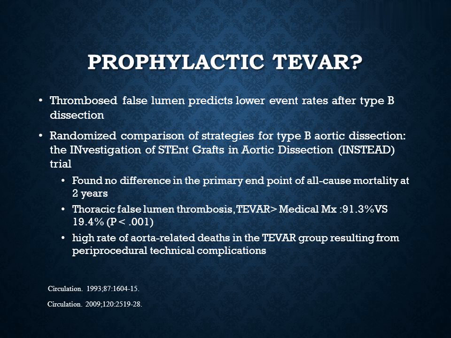The Randomized Comparison of Strategies for Type B Aortic Dissection, the Investigation of Stent Grafts in Aortic Dissection, INSTEAD trial, found no difference in the primary endpoint of all-cause mortality at 2 years. Thoracic false lumen thrombosis, TEVAR versus medical management, 91.3% versus 19.4%, p less than 0.001.